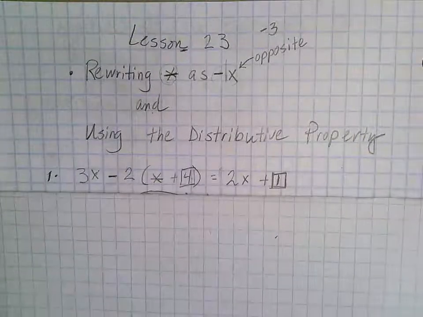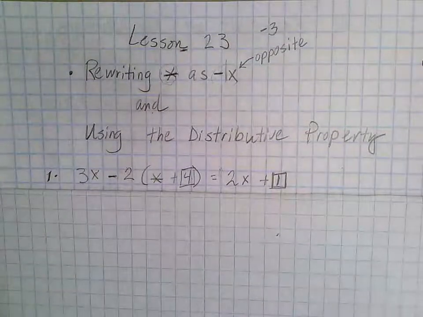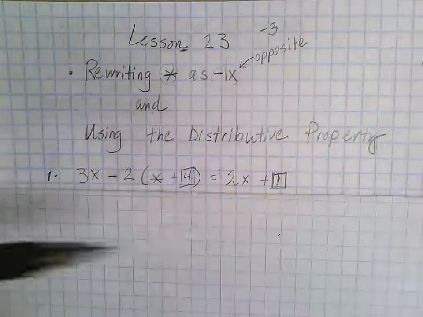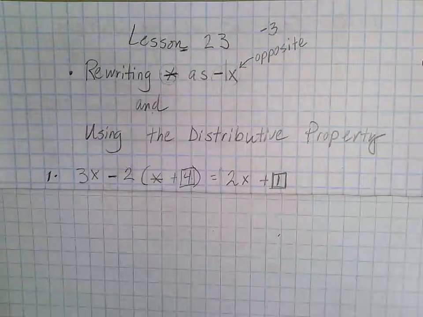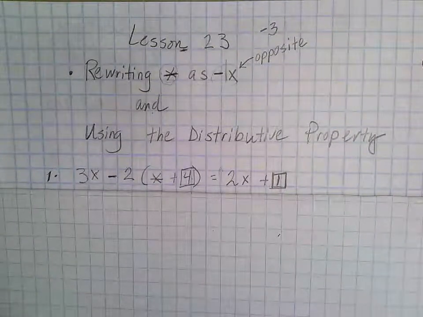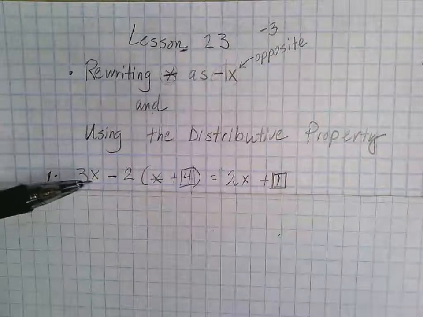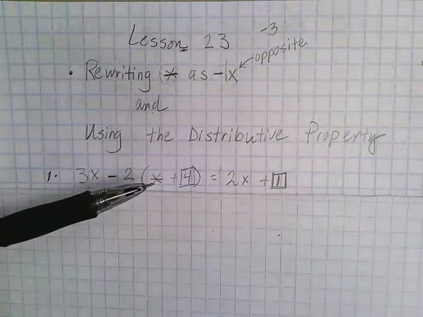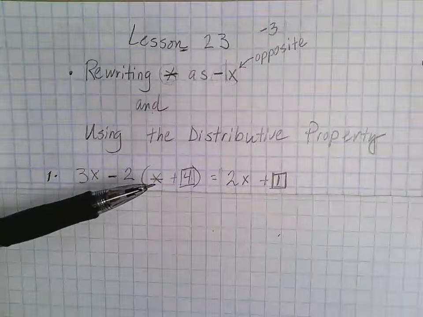So problem number 1 looks like this, and what I want you to do right now is pause the video and write down the problem exactly as it is on your worksheet. Okay. This does have parentheses, and so we have to deal with the parentheses.